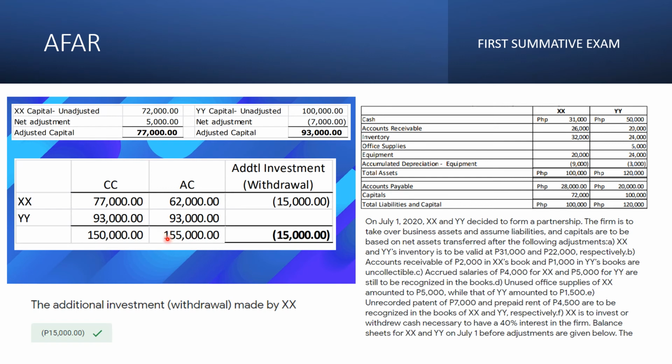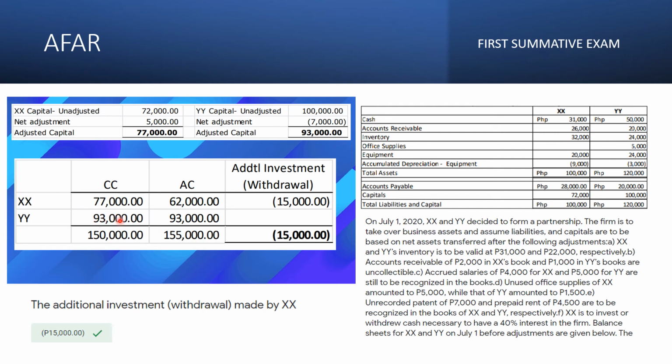Let me repeat: 93,000 divided by 60% interest. The agreed capital is actually 155,000 because there is no detail in the problem that YY will withdraw assets.